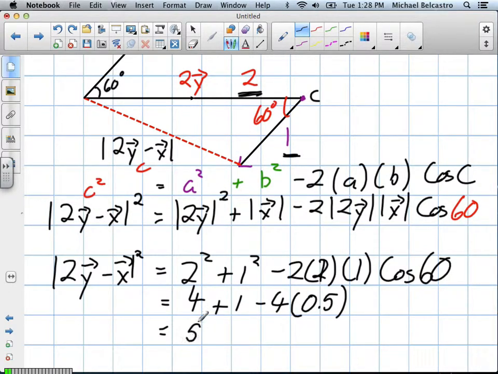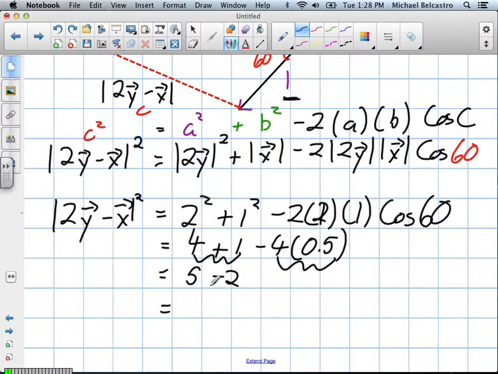This becomes 5 minus 2. Do you guys see what I did there? I combined these two and had these two together because of BEDMAS, which is essentially 3. Now, the magnitude of vector 2y minus vector x, squared, is equal to 3.